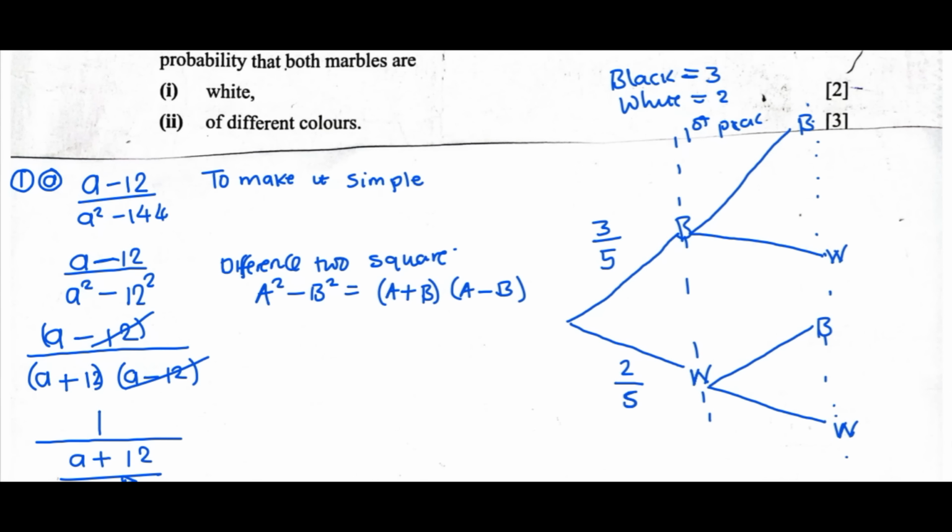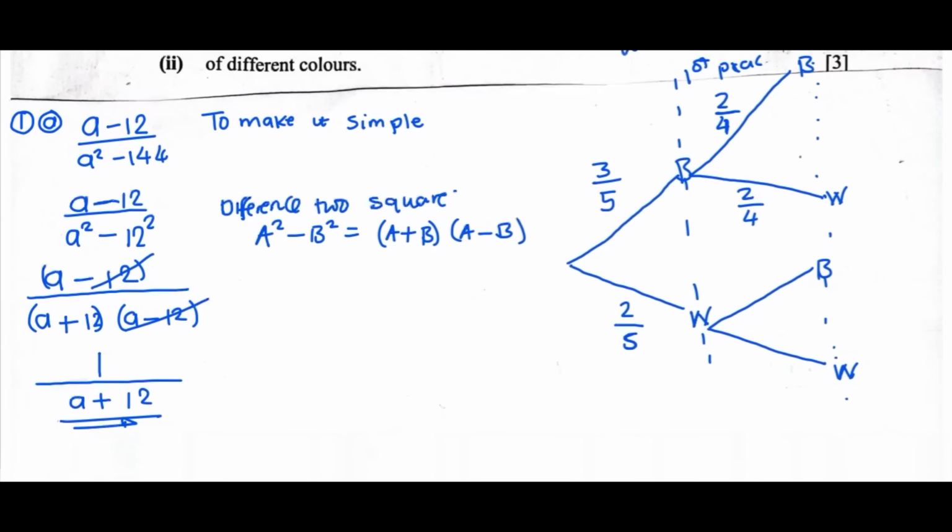So if one ball was picked without replacement, this means that there are 2 black balls over what is the total, which will also be 4. After you subtract 1, remember that even the total must reduce by 1. Then for white will also be 2 over 4.